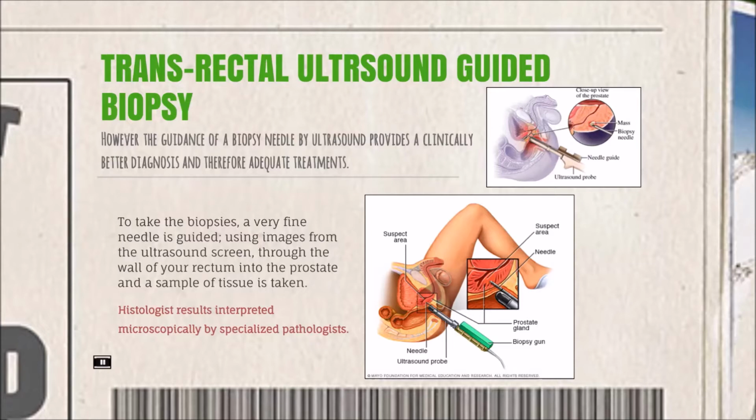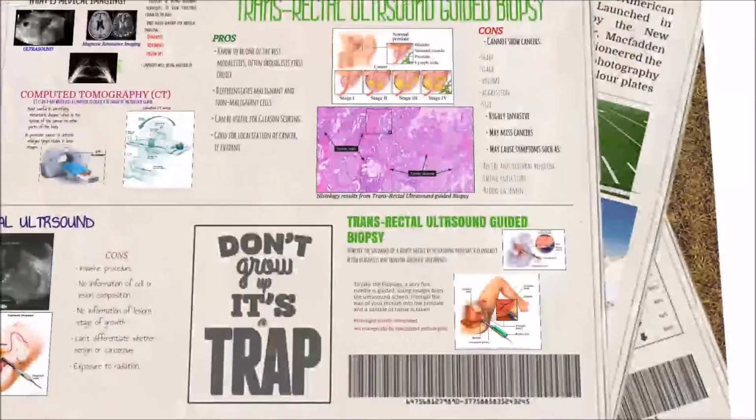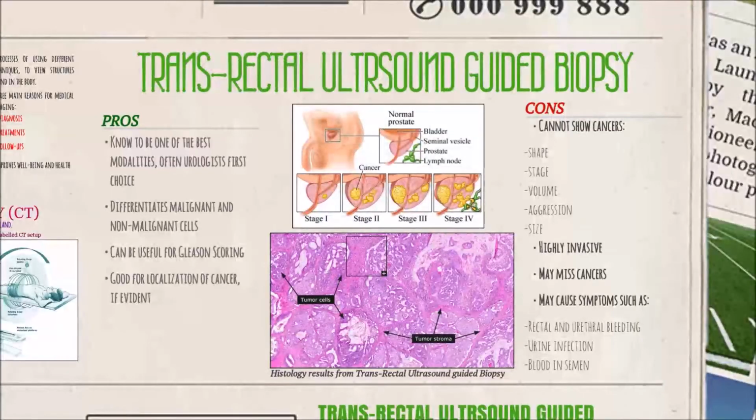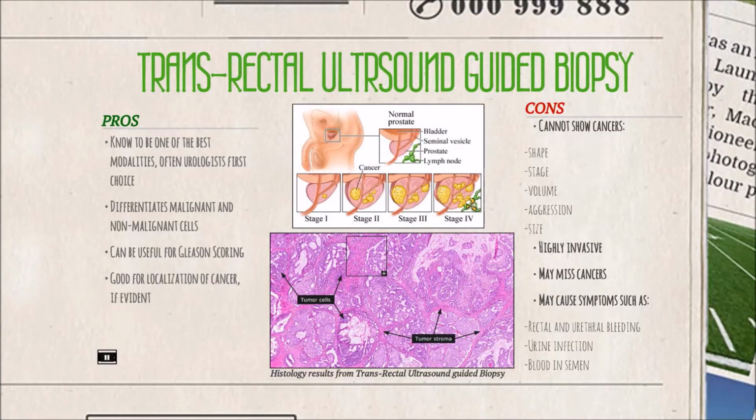And to take these biopsies, a very fine needle is guided using images from the ultrasound screen through the wall of your rectum into the prostate, and a sample of tissue is taken. It is known to be one of the best imaging modalities because it's the only technique that provides a histological analysis of prostate tissue.